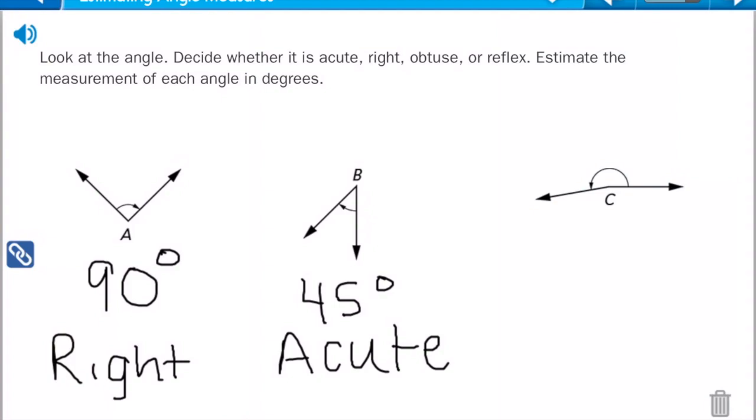All right, so here's what I was talking about. A reflex angle is a larger angle that is always more than 180, which is like a half circle, but it's always less than 360.